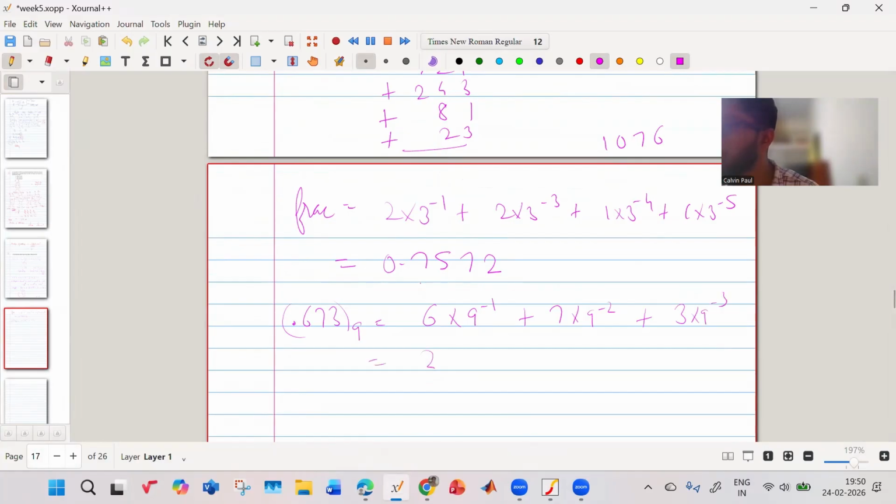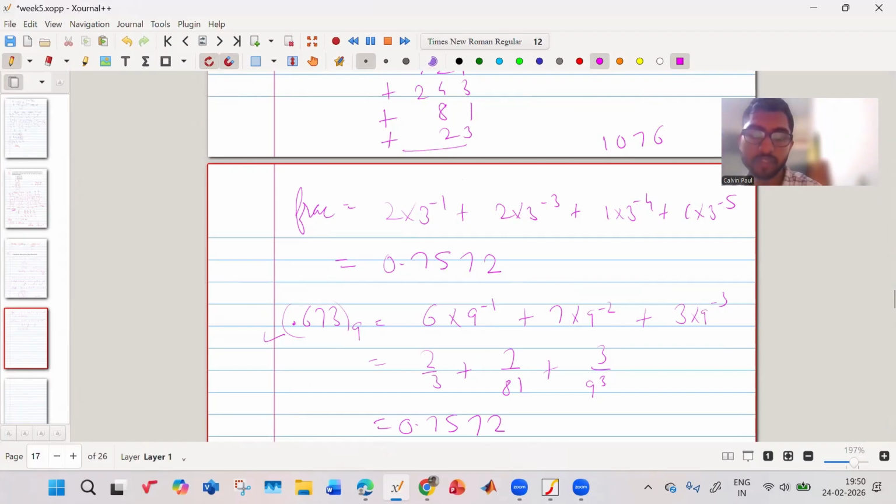So that is 2 by 3 plus 7 by 81 plus 3 by 9 raised to 3. This also becomes equal to 0.7572. Okay, so this fractional part is correct.